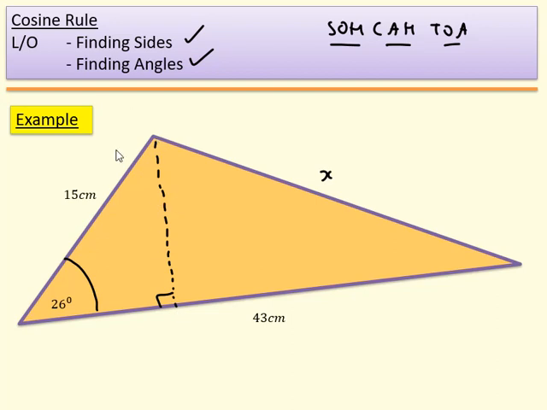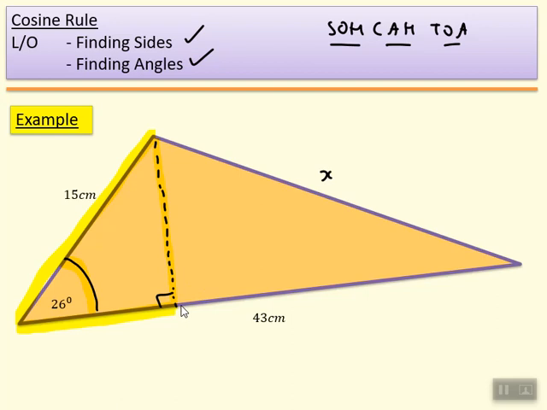You can do this yourself, but I'm not going to. You could use SOHCAHTOA, because you've got the hypotenuse, 15, in this right angle triangle, and you've got this angle, so you can work out how long this vertical side is, the dotted line. You could use Pythagoras or SOHCAHTOA again to work out how long this side is.